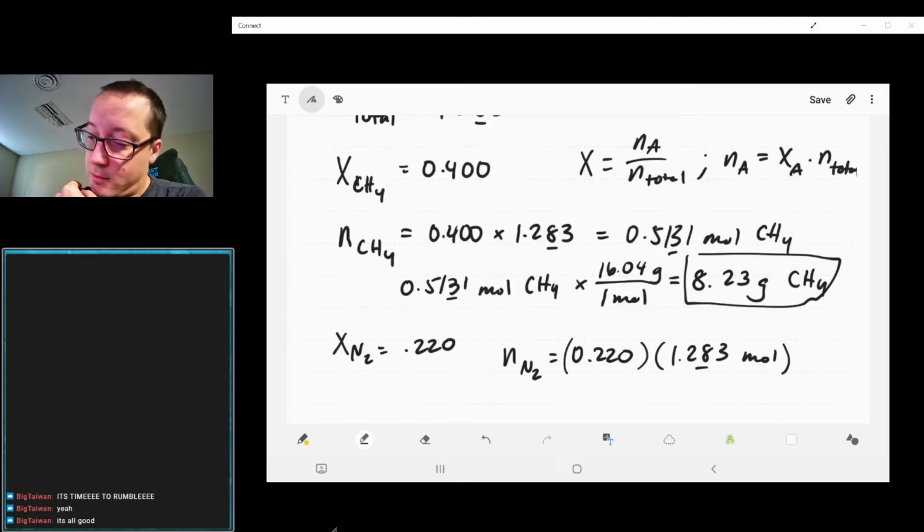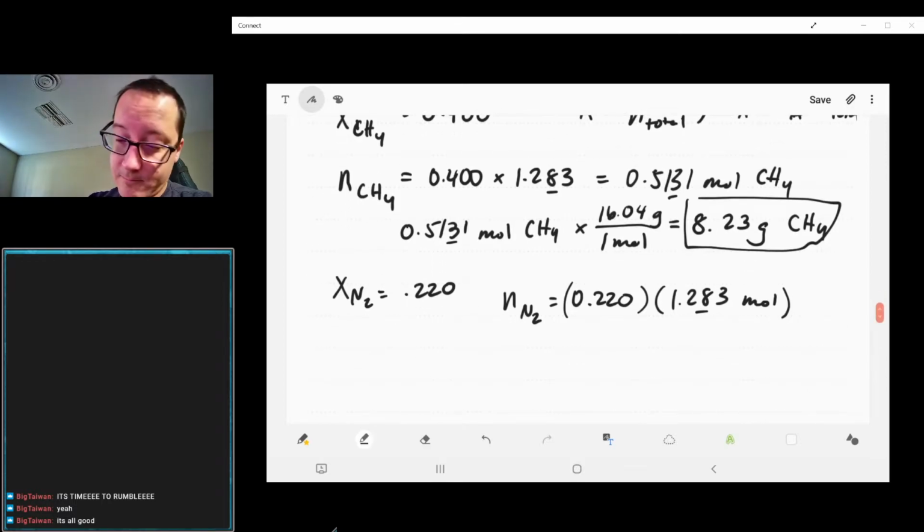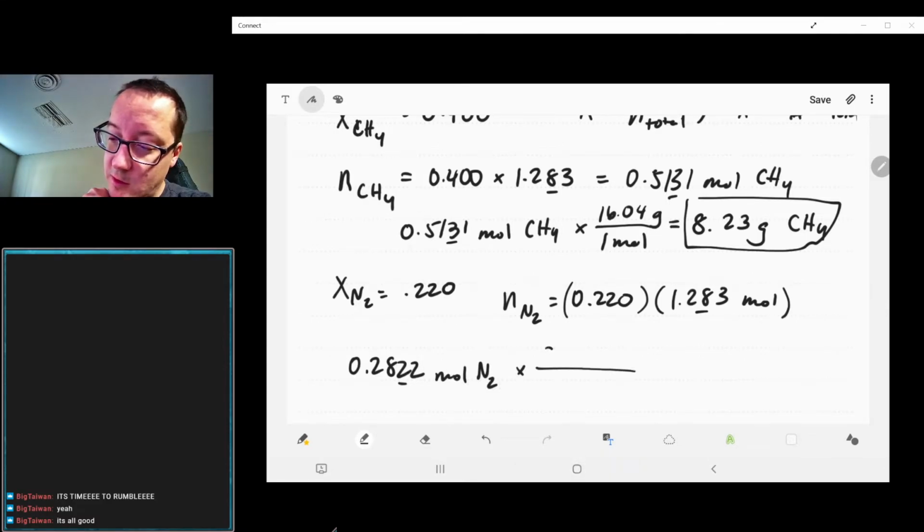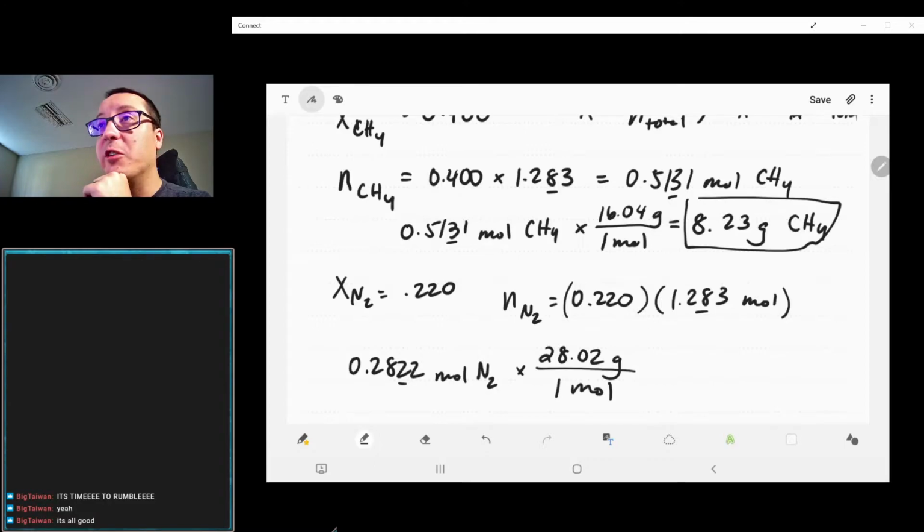If we multiply that number by 0.22, we get 0.2822 moles of nitrogen. We're going to use our molar mass of nitrogen. Remember, 2 nitrogens because nitrogen is diatomic. We do this 28.02, and get 7.91 grams nitrogen.